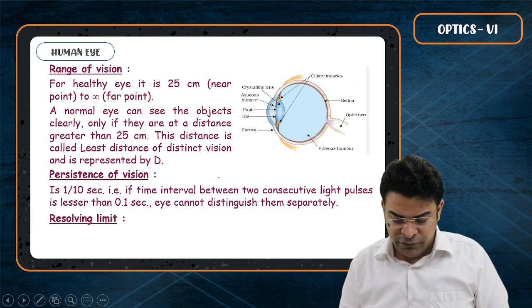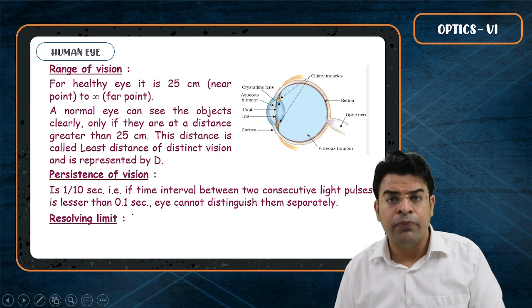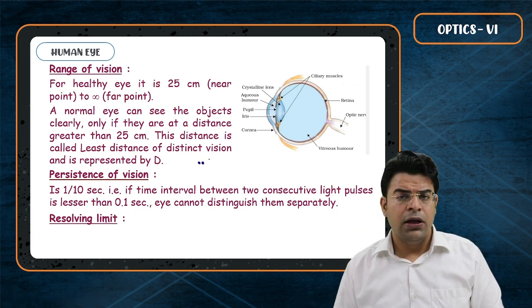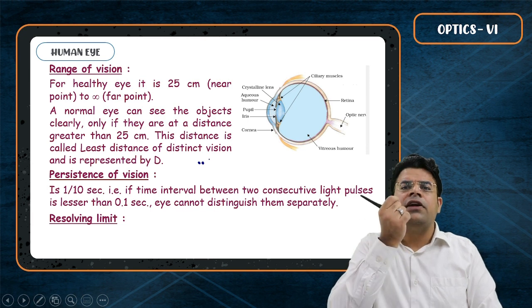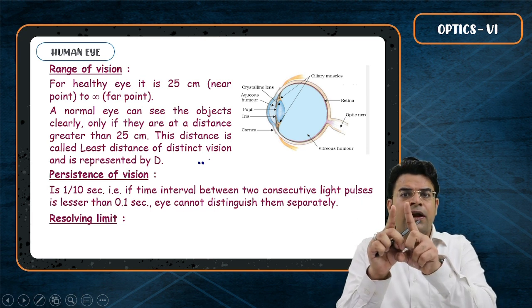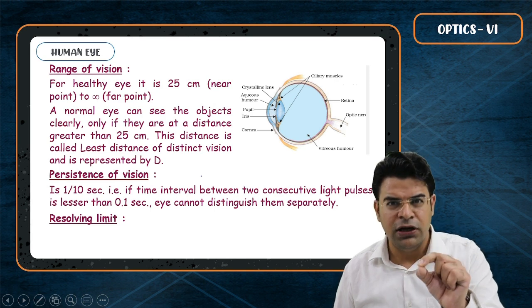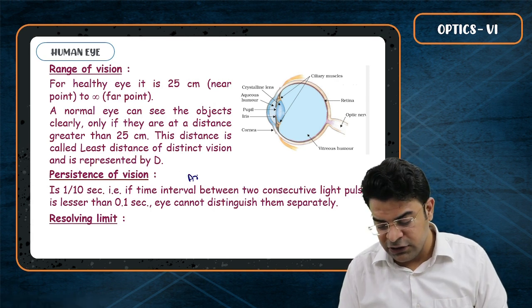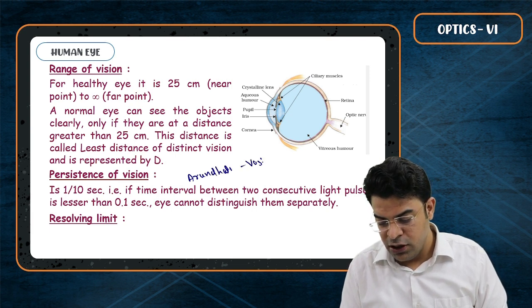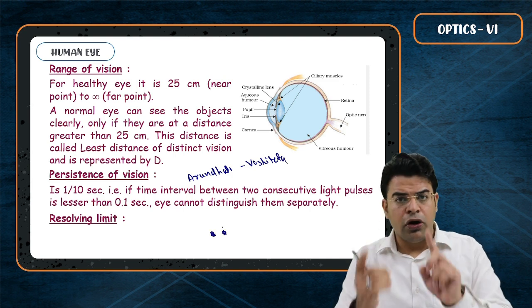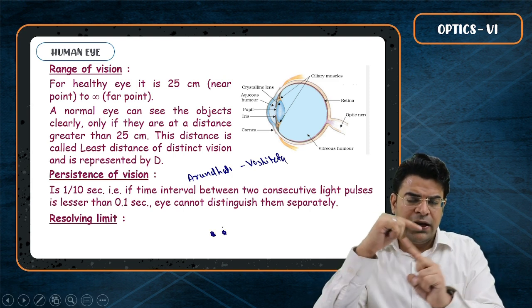Now the next thing we need to know is the resolving limit. If you place two objects very close by, then when looked at from some greater distance, they start to appear as a single point. For example, have you ever heard of the name Arundhati Vashishta? These are two stars which orbit around each other, right?